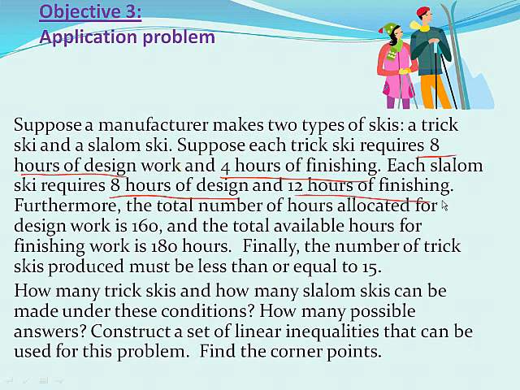Furthermore, the total number of hours allocated for design work is 160 and the total available hours for finishing work is 180 hours. Finally, the number of trick skis produced must be less than or equal to 15.